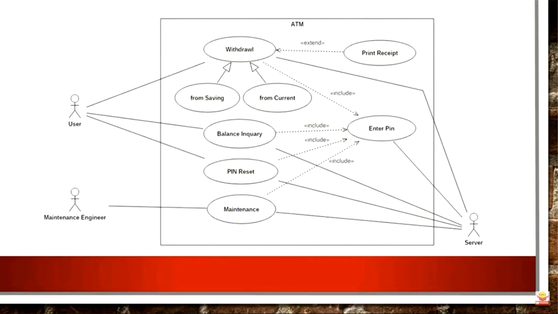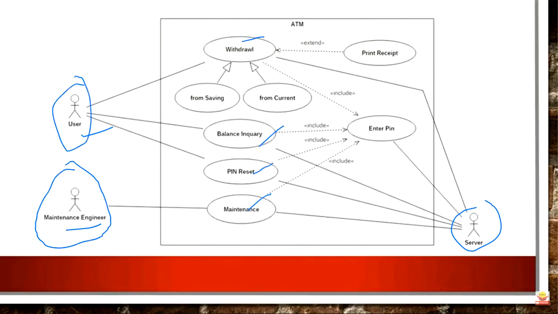We can also say that the server is initiating these four use cases, and then the user is coming as a secondary actor, and the maintenance engineer is coming as a secondary actor. Getting what I'm saying? Instead of left to right, you can say that the server is my primary actor. He's initiating everything, and the user and maintenance engineer are providing backend support.